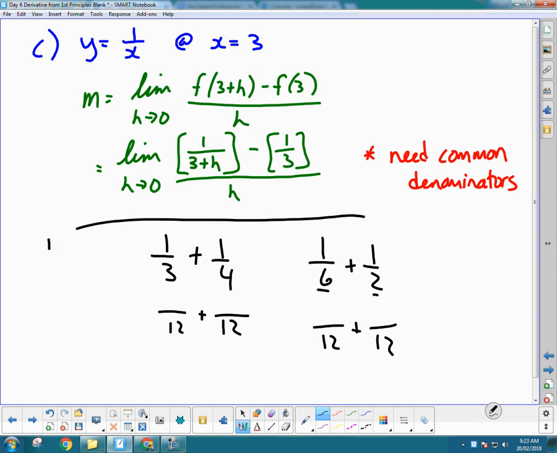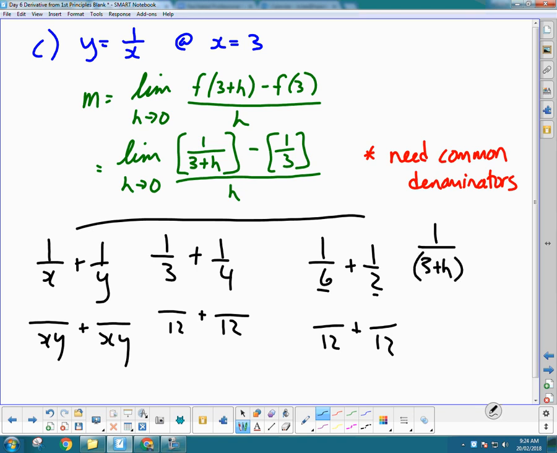So what if I had like 1 over x plus 1 over y? What would a common denominator of those be? xy, right? So xy and xy. So in our case, I've got a 1 over 3 plus h and I'm subtracting a 3.